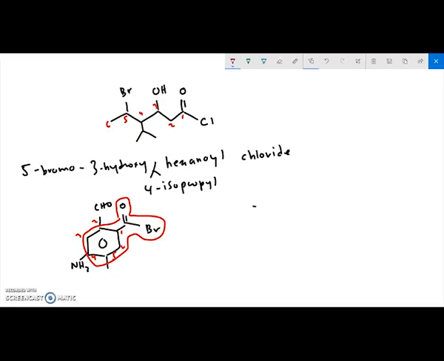So let's write down the parent name first. It is benzoyl bromide, and of course we're going to list every substituent that we encounter. We're going to start off with amino, which is located at carbon number 4.